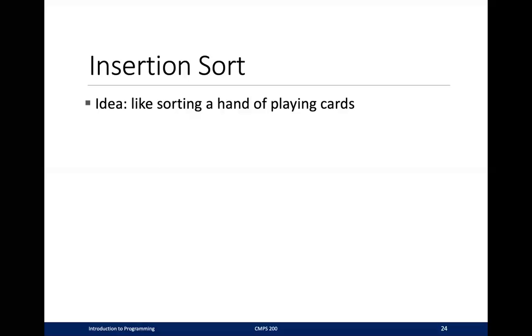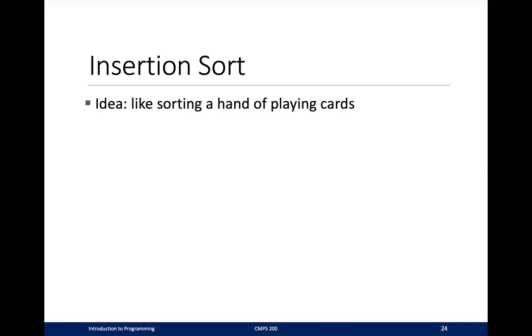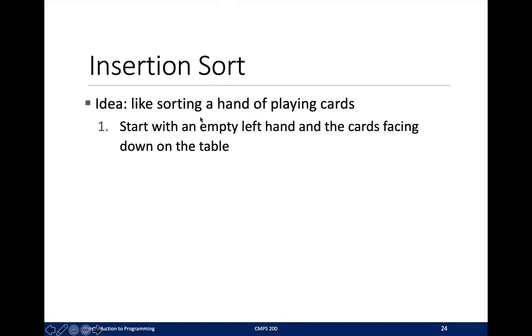The idea is that it's really the algorithm we use when sorting a hand of playing cards. That's the algorithm you apply without really noticing that it is insertion sort. So how does it work? You start with an empty left hand. Assume all the cards are facing down on the table.